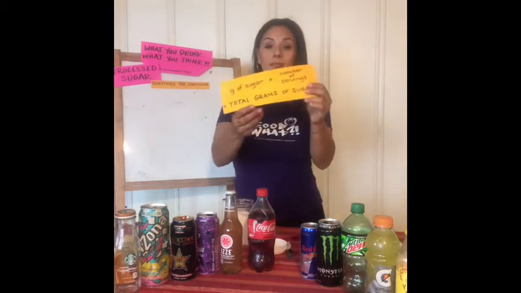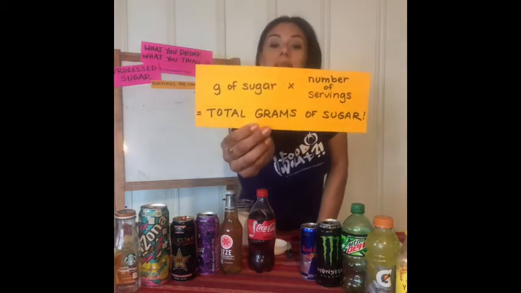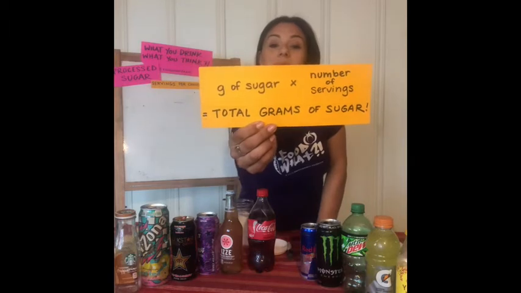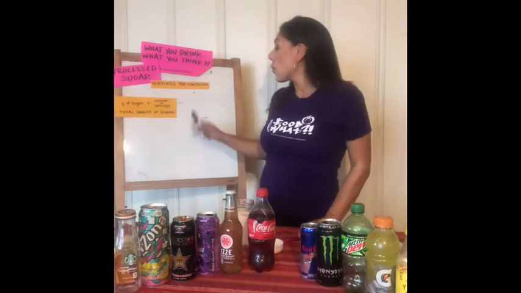So to get to the total grams of sugar that are in your drink, you're going to multiply grams of sugar times number of serving sizes. Once you get that amount, you'll have the total number of grams of sugar in your drink.